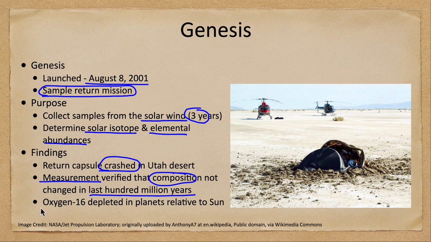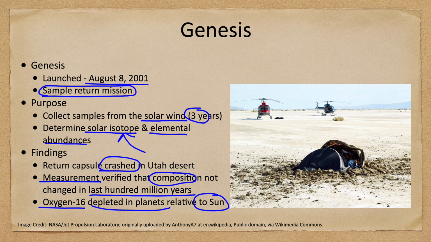One thing that is noted is that oxygen-16 is depleted in the planets relative to the composition in the sun. So there are some differences in those isotopic observations that we want to study and want to learn about. The whole idea is the composition of the sun should be essentially unchanged from the origin of the solar system.